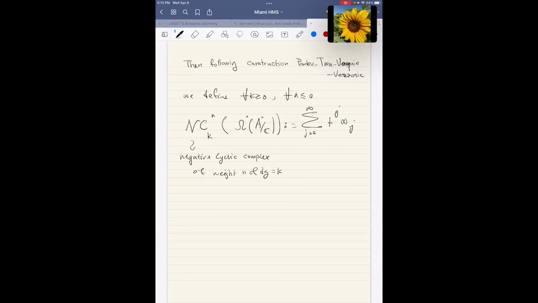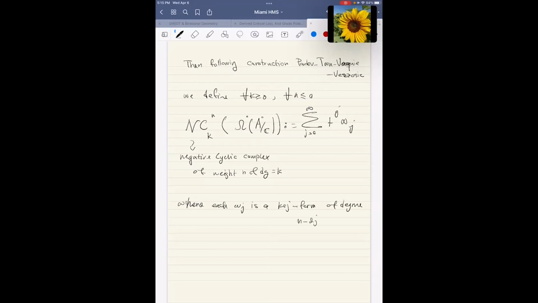It's an infinite series where each omega j is a k plus j form of degree n minus 2j.